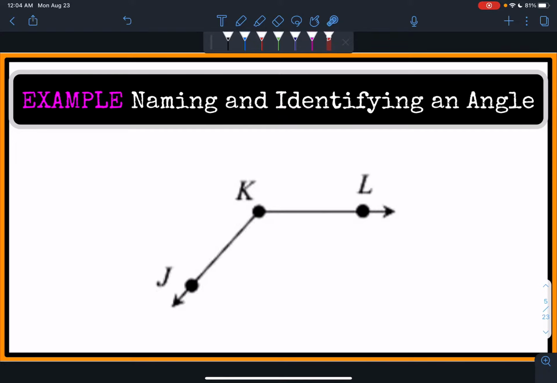Now let's go over an example of how to name and identify the parts of an angle. We're going to begin again with the vertex. The vertex of an angle is the center point of the angle.